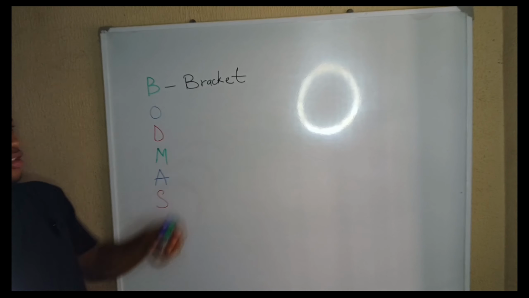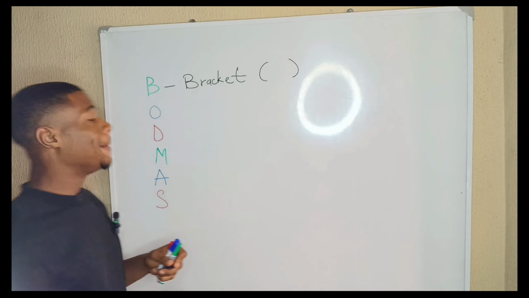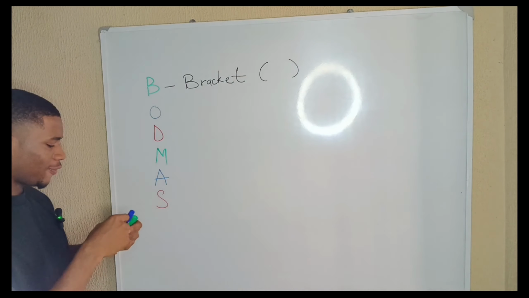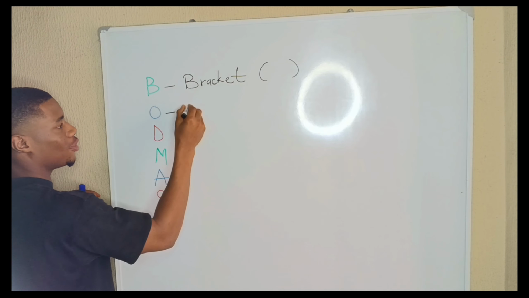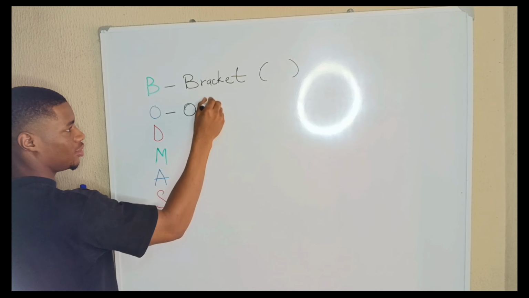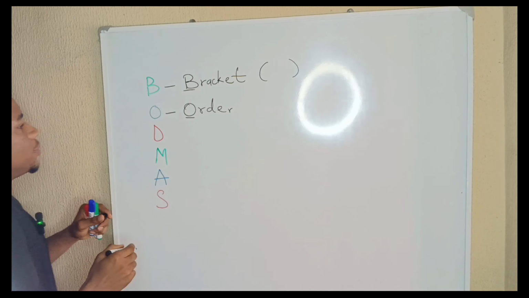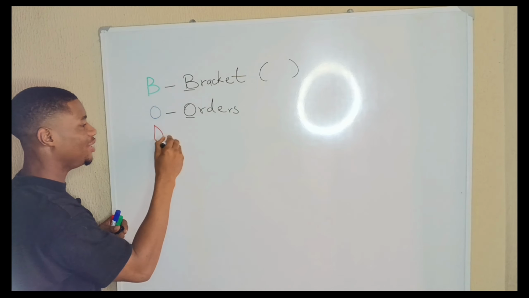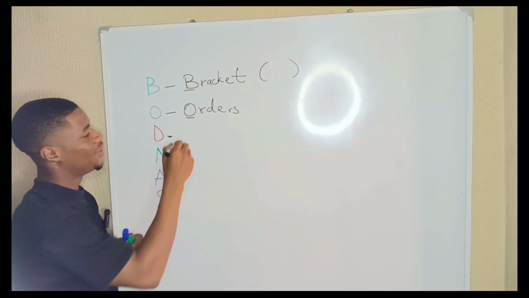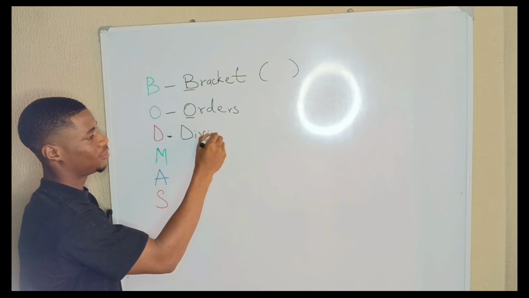So B stands for brackets, which is this. Okay. Now, O stands for orders. I'll just be highlighting the letters so you can see them. Now, D stands for what? Division. That's beautiful.